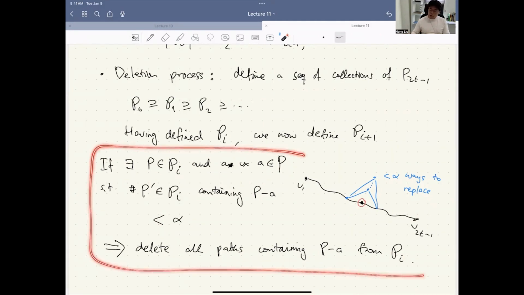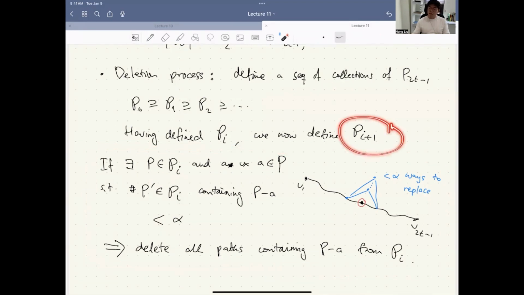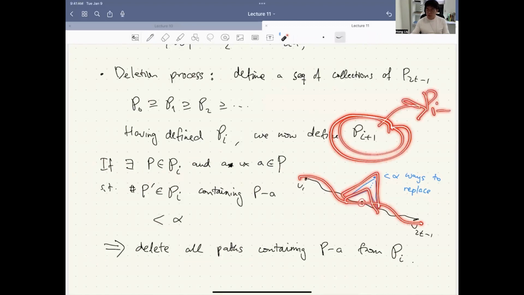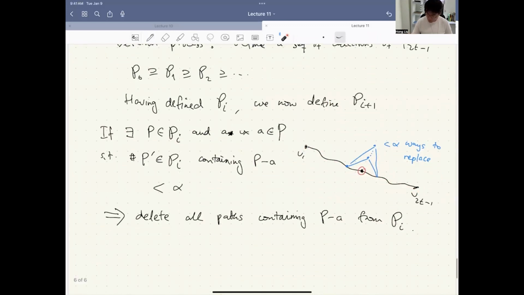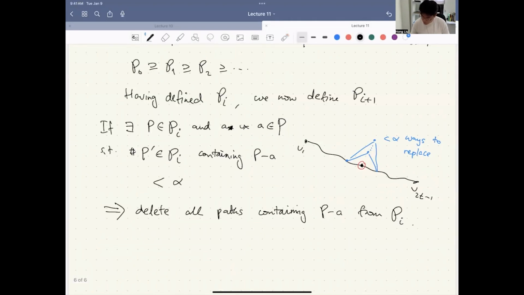If you do one step, then you get P_{i+1}. And then in P_{i+1}, again, if you have one path like this with few replacements, you do one step, you get P_{i+2}. Each step, you only delete one path and its replacements, okay, to obtain P_{i+1}.